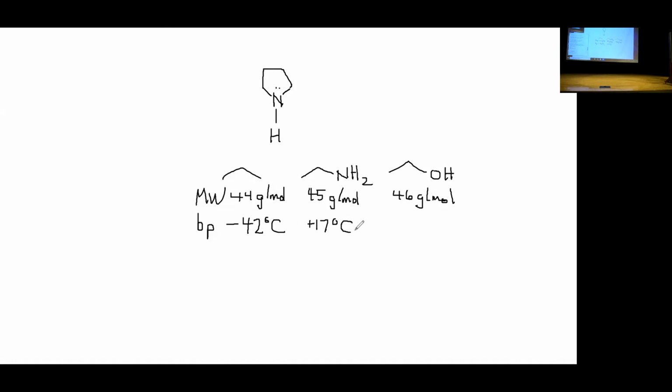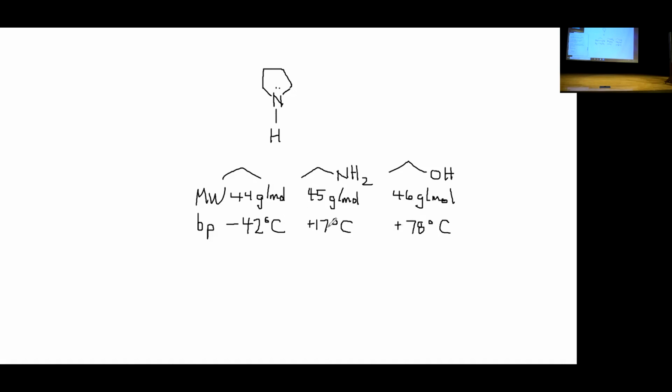Room temperature in degrees C is around the low 20s typically. It's probably 23 or something like that in here. And ethanol even higher still. Let's see, 78. And all of this is due mainly to hydrogen bonding, which propane has none of, ethylamine has some of, and apparently oxygen is even more effective at hydrogen bonding than nitrogen is.